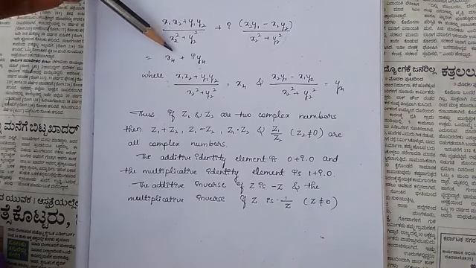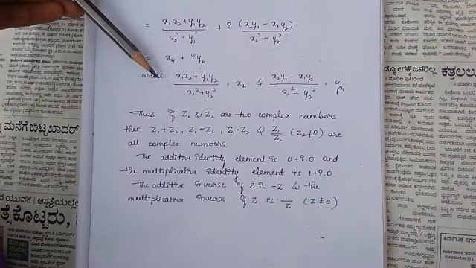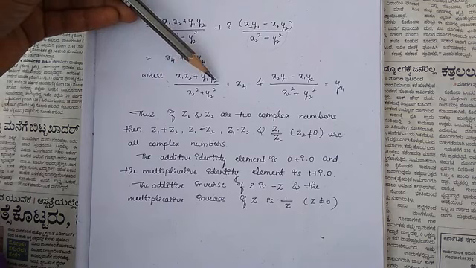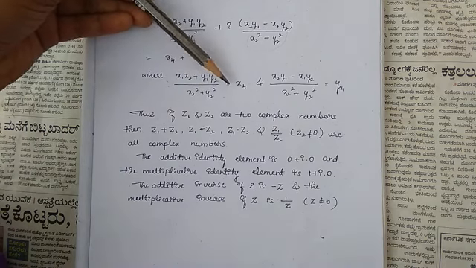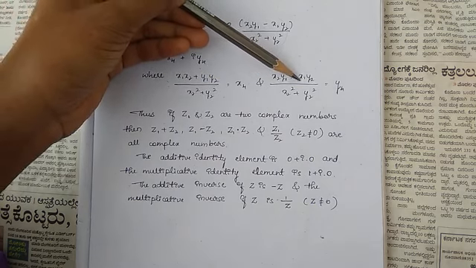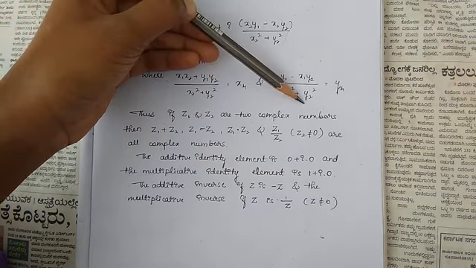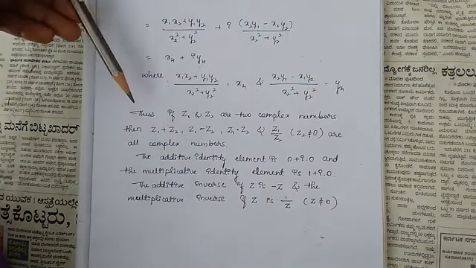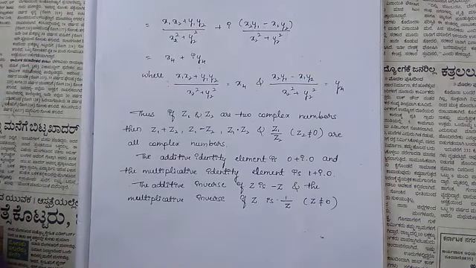We get x4 plus iy4, where x1 x2 plus y1 y2 divided by x2 square plus y2 square is equal to x4, and x2 y1 minus x1 y2 divided by x2 square plus y2 square is equal to y4. Thus, if z1, z2 are two complex numbers, then z1 plus z2, z1 minus z2, z1 into z2 and z1 divided by z2, the condition is z2 is not equal to 0, are all complex numbers.